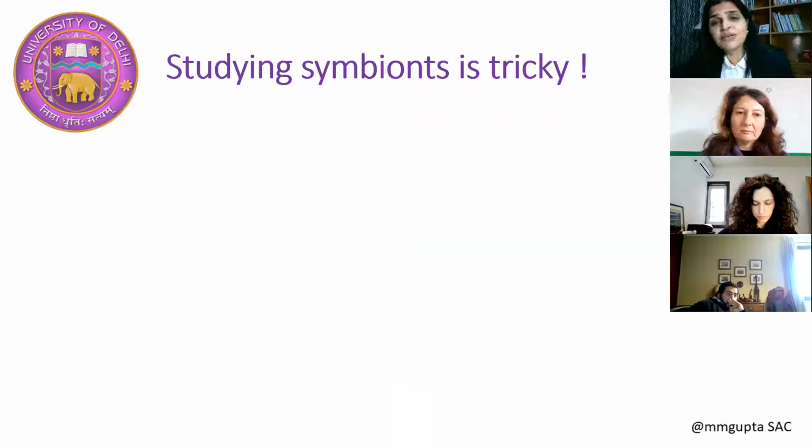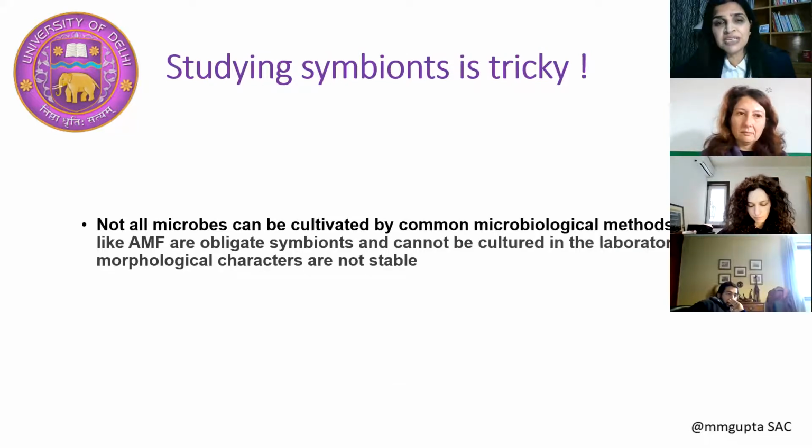Studying symbiosis or symbionts can be tricky because not all microbes can be cultivated by common microbiological methods. For example, arbuscular mycorrhiza is an obligate symbiont, so we cannot culture the fungi without the host in the laboratory.